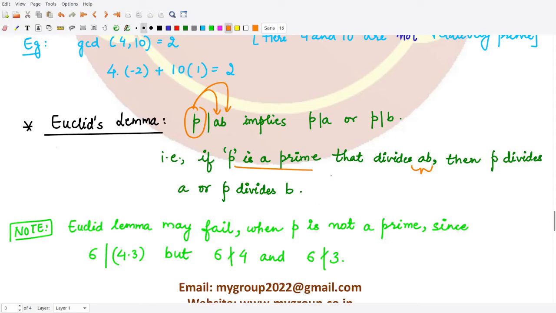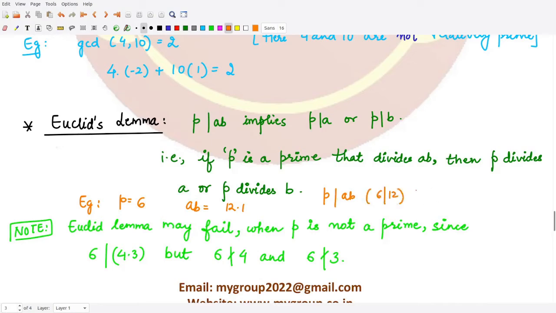You can see this through an example, right? Suppose you have p equal to 6. Here let's take ab as, what can we take? We can take 12 times 1. So you see p divides ab. Why? Because 6 divides 12, right?